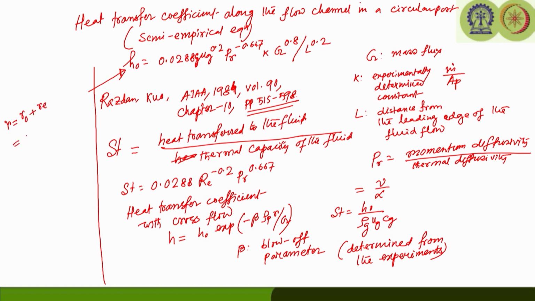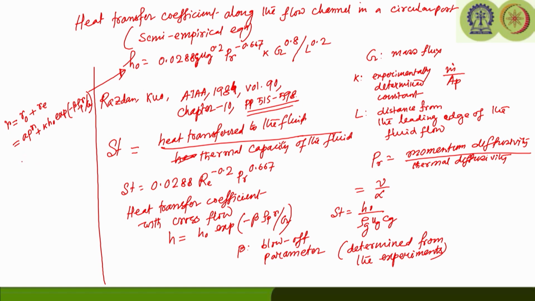So, R0 was simply A p to the power n, and this one was somehow modified, and it was given by relating this component like k into H0 e to the power minus beta rho p into r by g, as you have seen here. Here rho p is the propellant density.